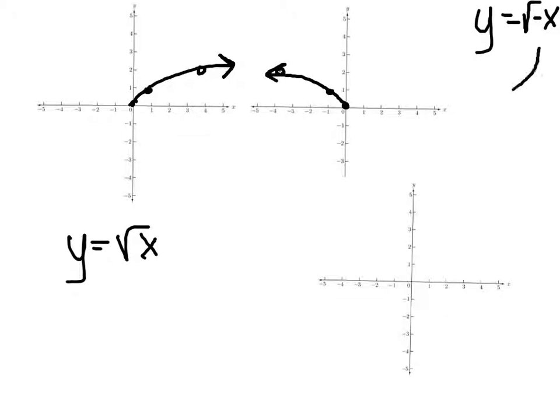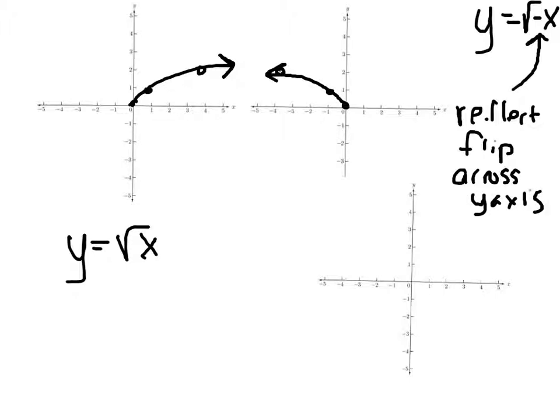So when the negative sign is inside the function, it reflects it, or you can say it flips it across the y-axis. And there's not much else really strange you can do to it. So on the next slide we'll review all of them.